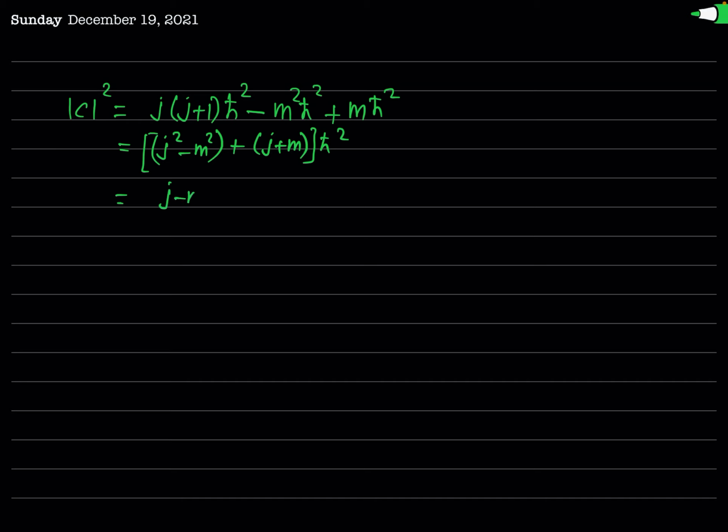Now this can be written as j minus m times j plus m, and plus j plus m, times h bar square, and this can be written as j plus m taken as a common factor, and this is j minus m plus 1.